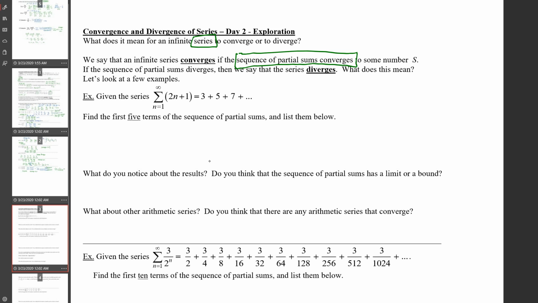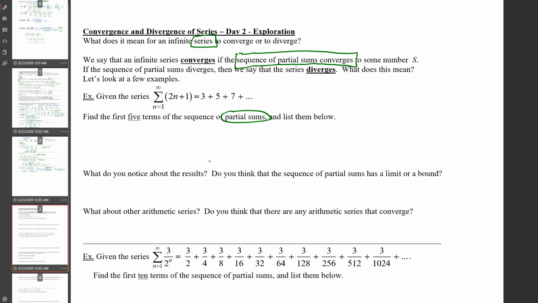All right, so let's look at what partial sums are. If we have a series like this, and what is a series? A series is a sequence with plus signs in between. So now we don't have commas anymore, we have plus signs. And what we're going to say is, does this series converge or diverge? So what we need first is partial sums.